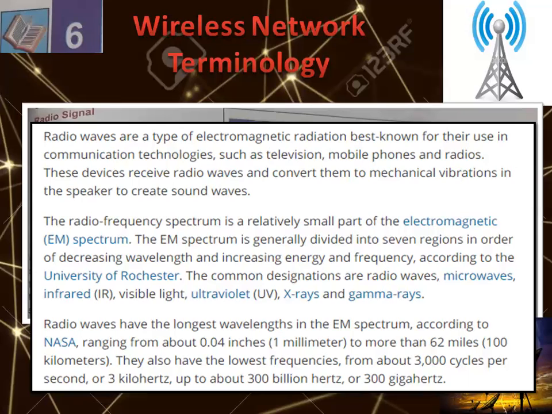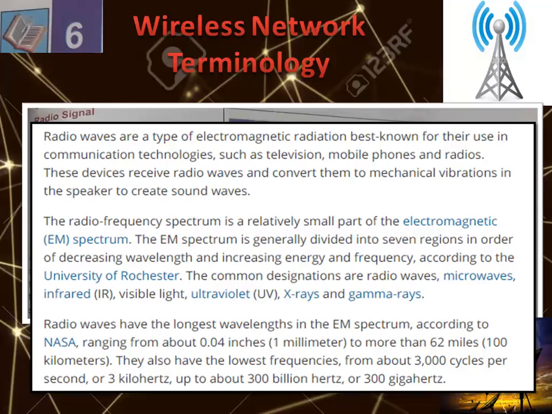and gamma rays. Radio waves have the longest wavelengths in the EM spectrum according to NASA, ranging from about 0.04 inches (1 millimeter) to more than 62 miles (100 kilometers).